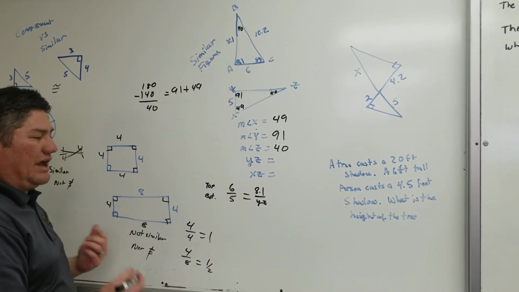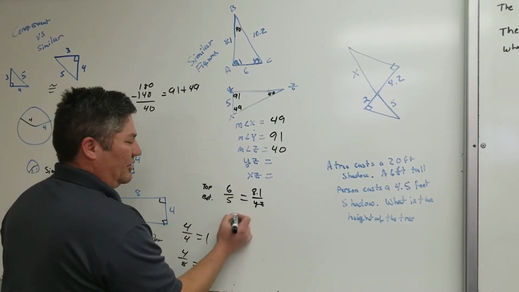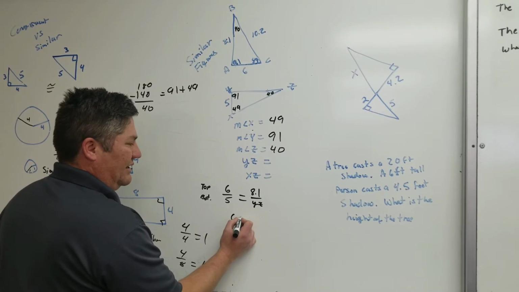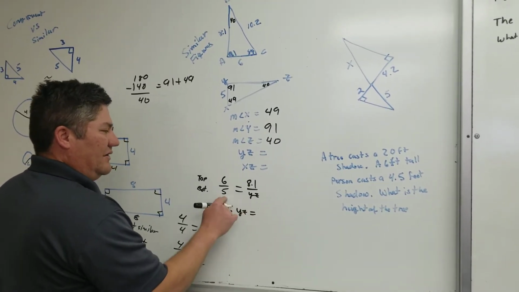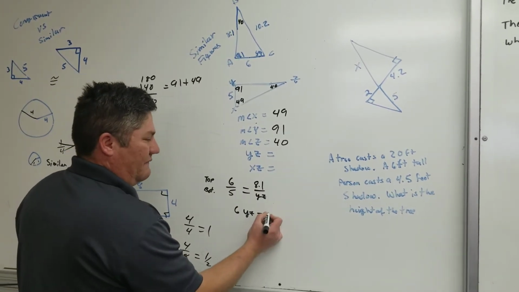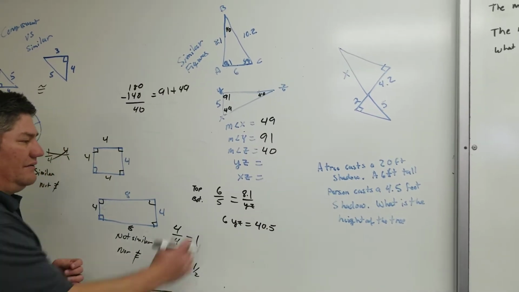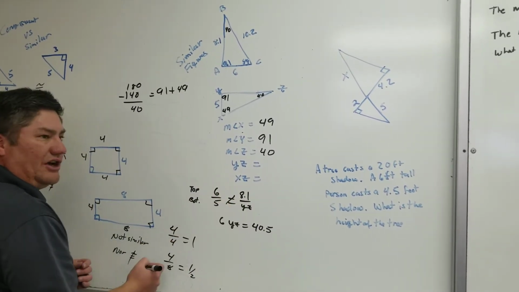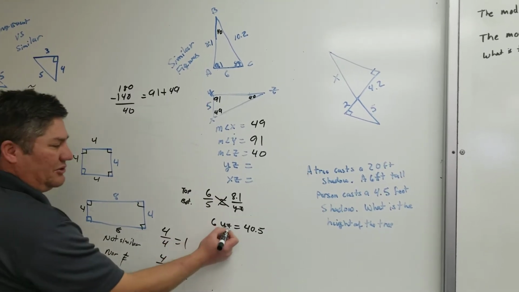So now I'm going to cross multiply. 6 times YZ equals 5 times 8.1, which is 40.5. I cross multiplied there, and then 6 times YZ, I cross multiplied there.